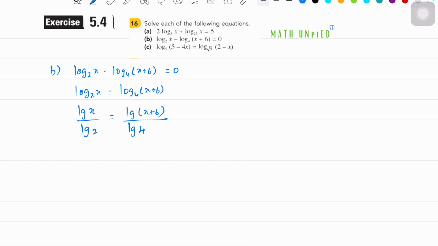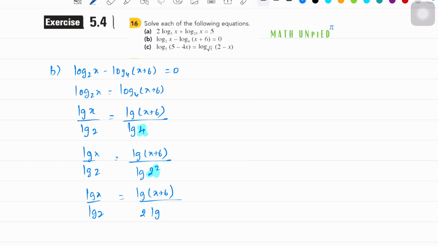And if you further simplify this, this will be log x over log 2 equals log of x plus 6 over log 2 square. So 4 can be written as 2 square. And if you further simplify this, this will be log x over log 2 equals log of x plus 6 over 2 times log 2 using power rule.